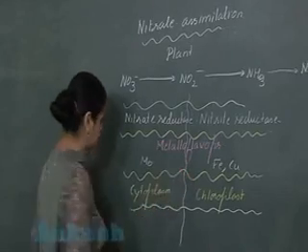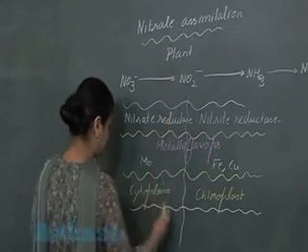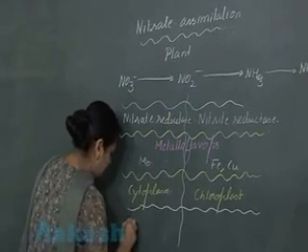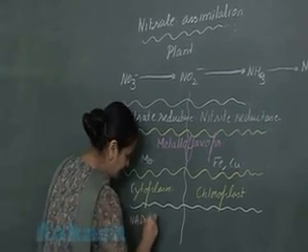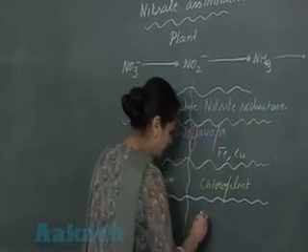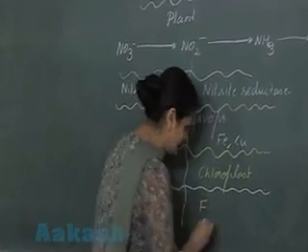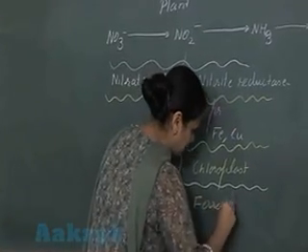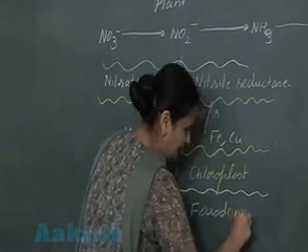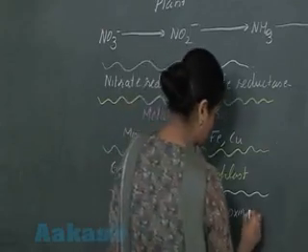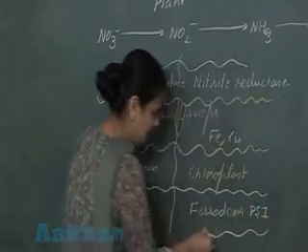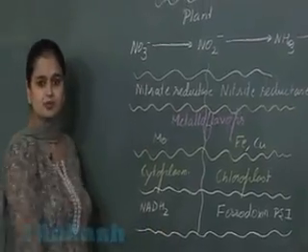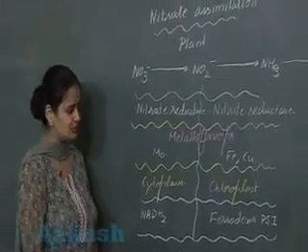This is reduction, and in the case of the first step, the electrons and hydrogen are provided by NADH2, and here electrons are provided by ferredoxin. This is an electron carrier which is associated with photosystem 1 in the plants.